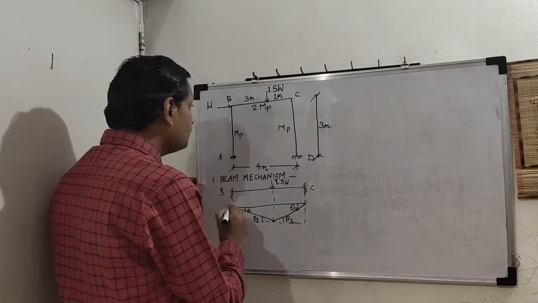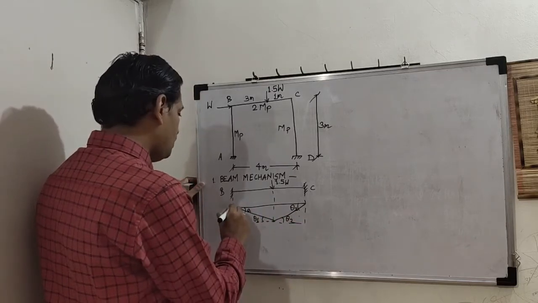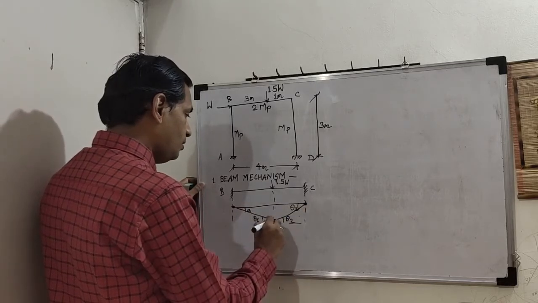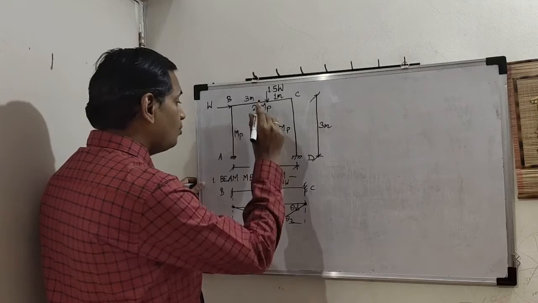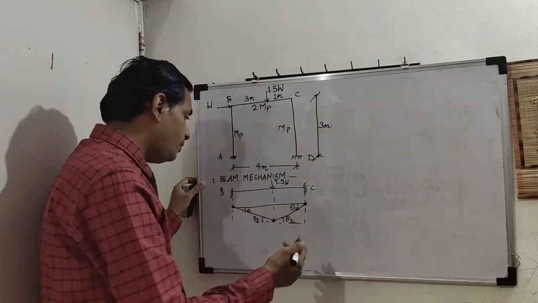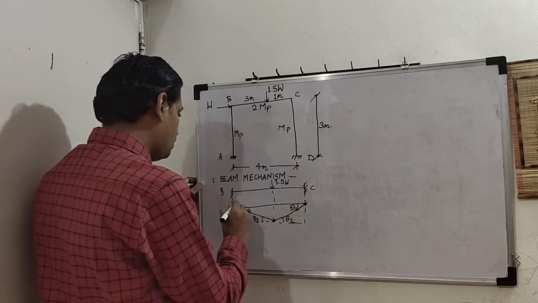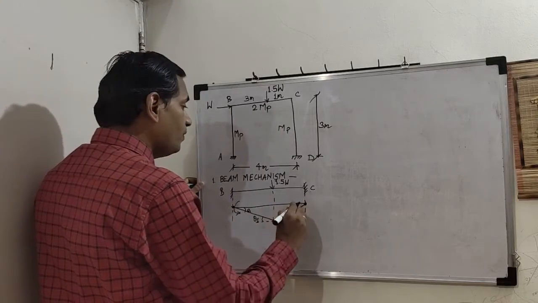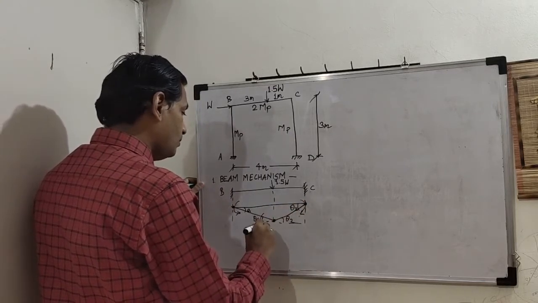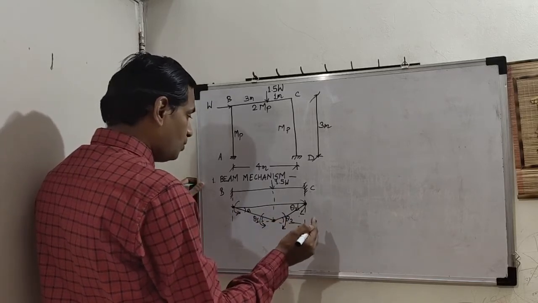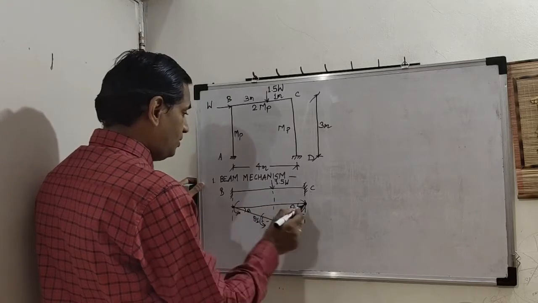Okay, then plastic hinge formations: fixed joints B and C, so there will be plastic hinges. At the point of maximum bending moment, there will be another plastic hinge. So these are three locations of plastic hinge. Now carefully show MP values at B and C. Why?